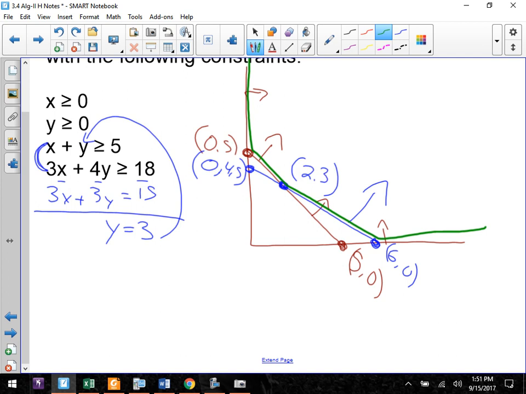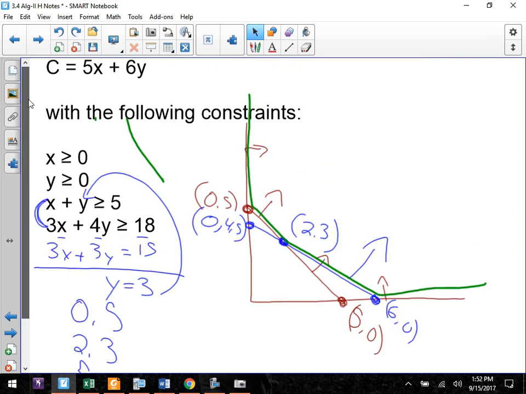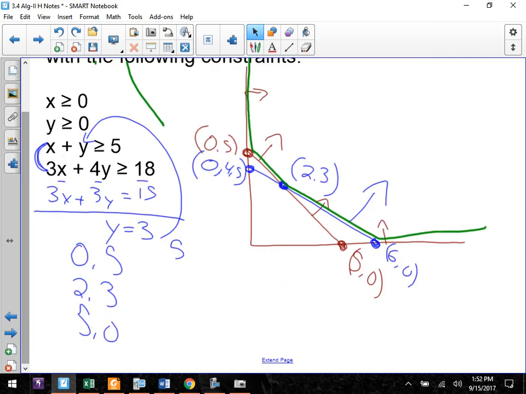So I have 3 points to check: 0, 5, 2, 3, and 5, 0. And I forgot my objective function, 5x plus 6y. So 0 plus 30 is 30. 10 plus 18 is 28.